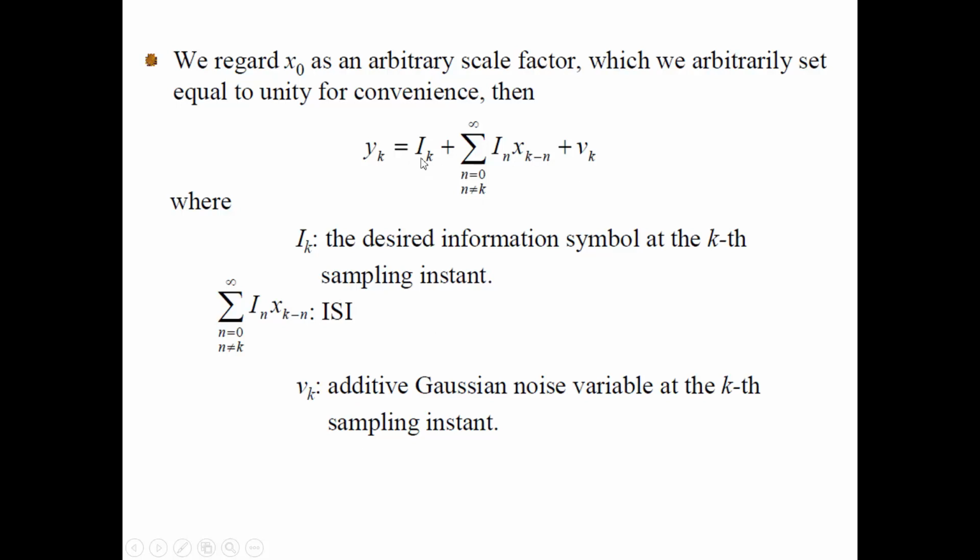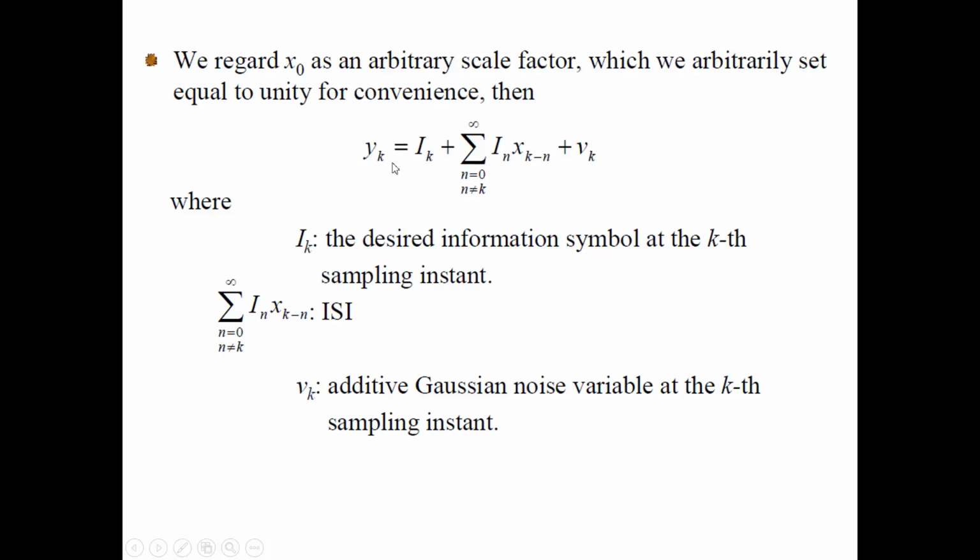I_k is the present symbol that we will be detecting at the output of the receiver, at the receiver side, and this other term is actually the ISI. ISI means this term represents intersymbol interference, the effect of other symbols, because y_k is the output.